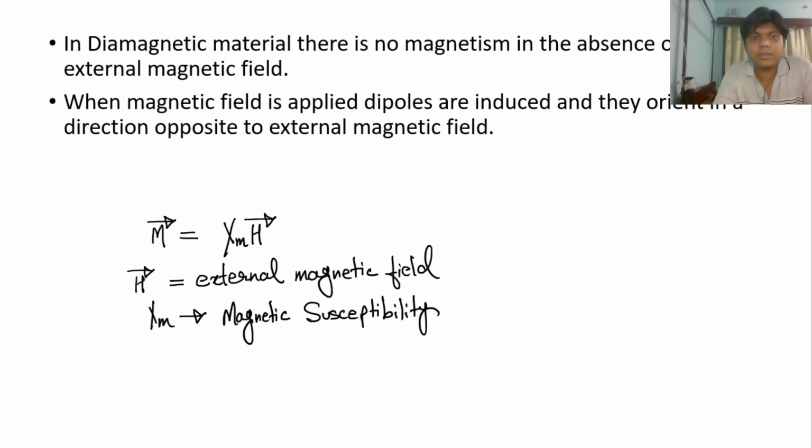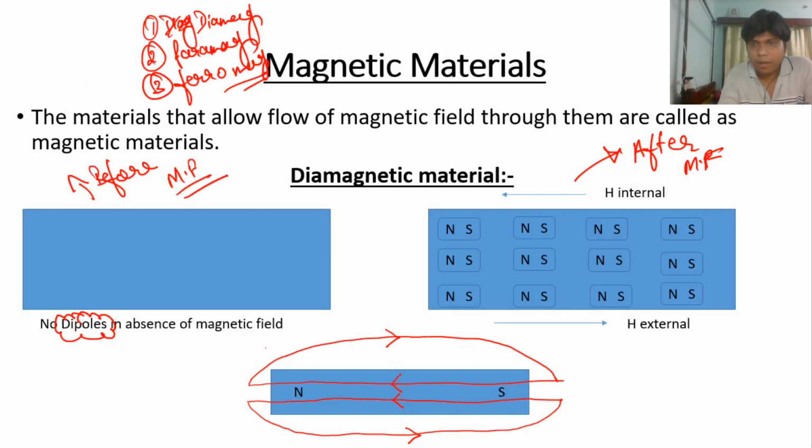It means that the magnetization and the external magnetic field are opposite in direction to each other.